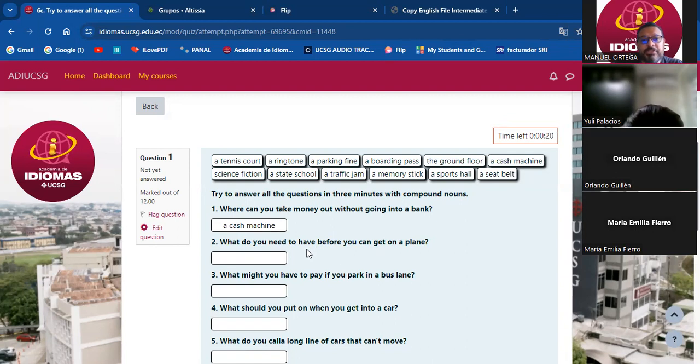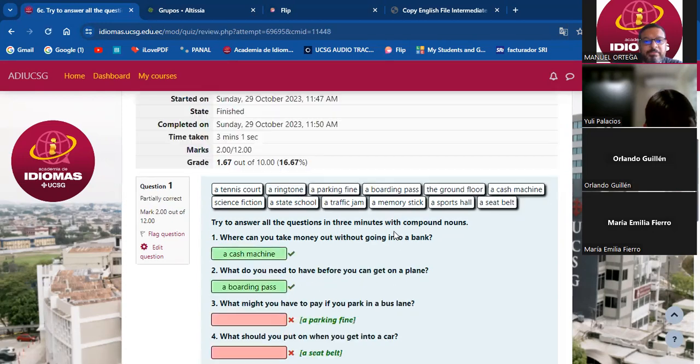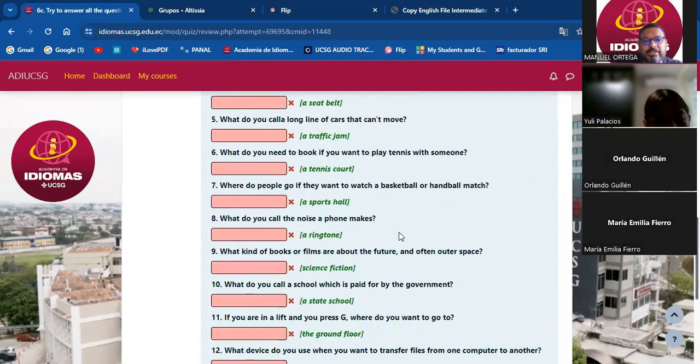Number two, what you need to have before you can get on a plane. Boarding pass. Perfect, boarding pass. What might you have to pay if you park in a bus lane? You got the boarding pass, the parking fine. Well, in my case, for the time, but take a look at the words.